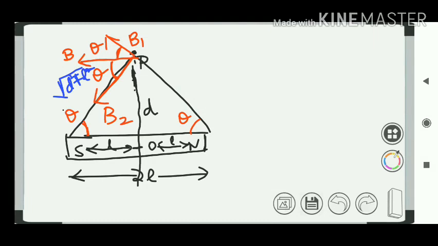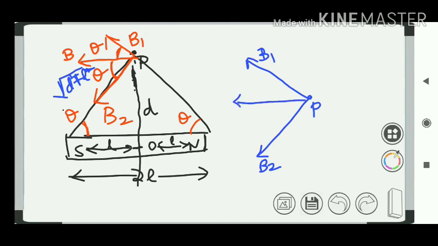This much clear? Now see guys, I'm going to draw only this point P. At this point P we have this B1, and then we have this magnetic field B2, and the net magnetic field I will take in this direction, and this angle was theta. So just like any vector, I will resolve this.